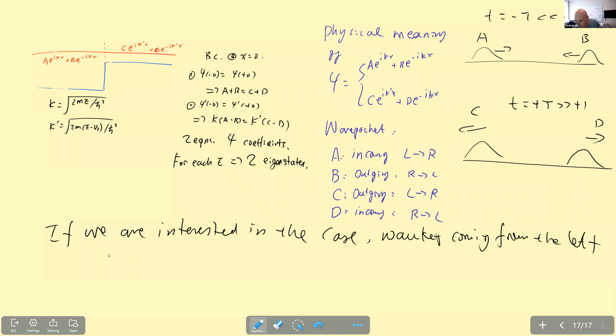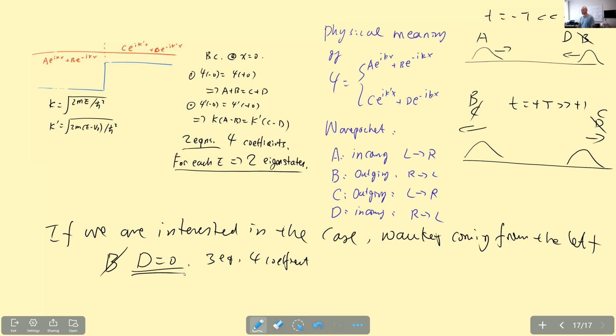In this case we can choose, sorry, this is C, this is B. I'm sorry, so we should choose D equal to 0. We have this freedom. Remember, we had two equations and four coefficients, but in this case we're going to have three equations, four coefficients, because you have one more equation right here.